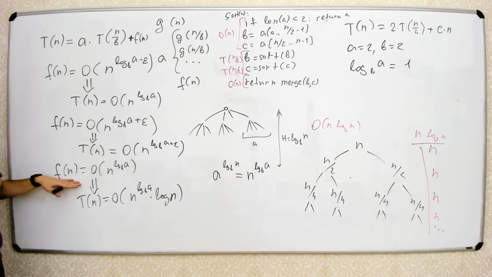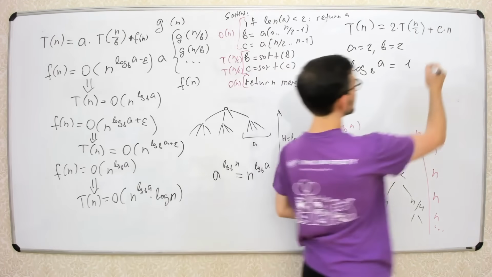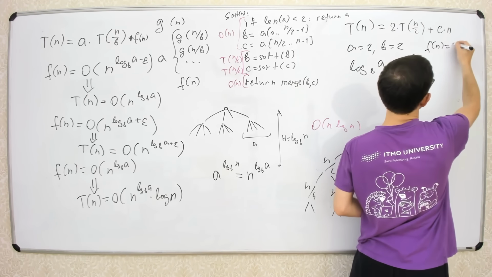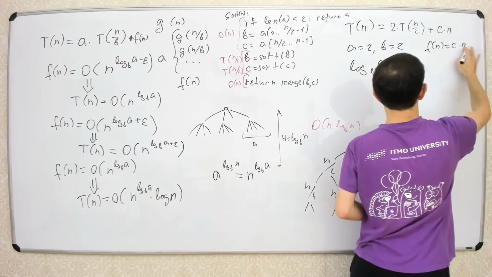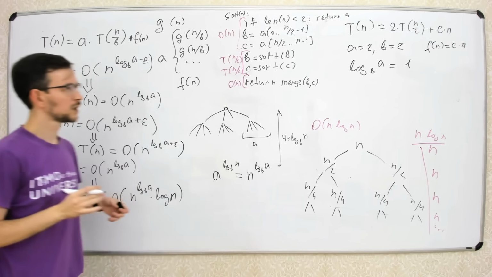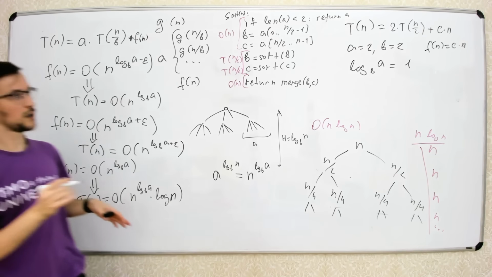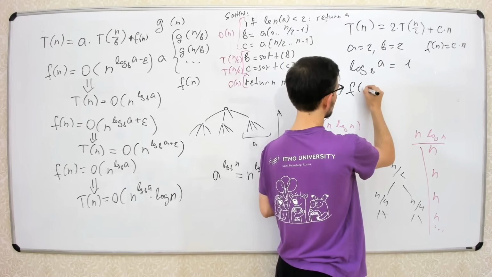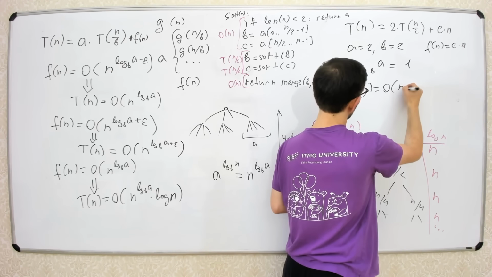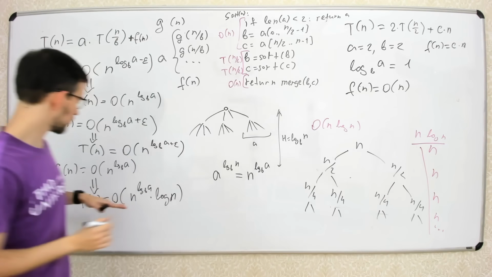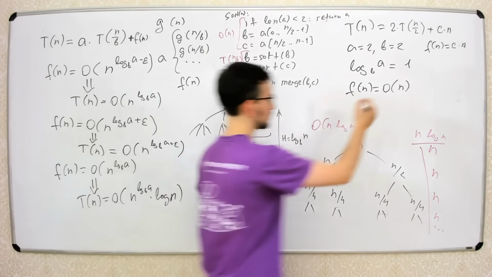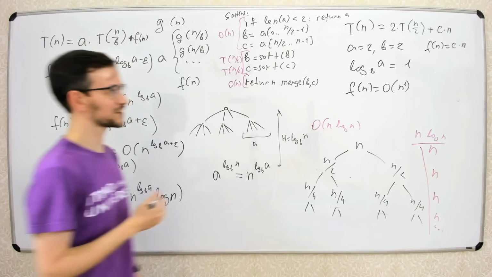So we have this third case, and this function f is c multiplied by n. And this function f is big O of n. So we have this third case, n to the power of 1. Let's make it simple.